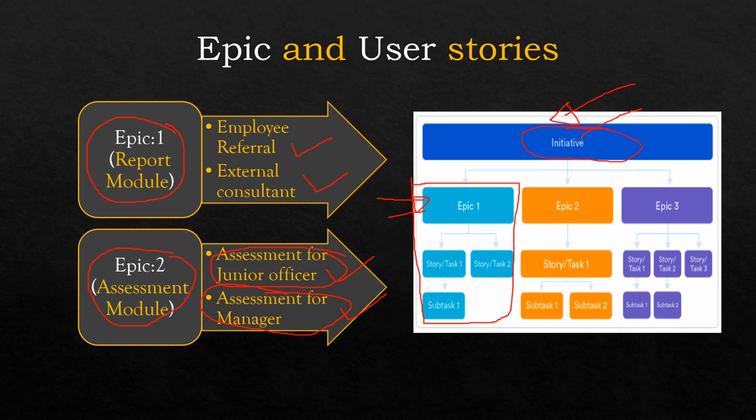These 5 phases we basically cover in a typical software development life cycle, and that can be accommodated in each epic. That is what we call the incremental or adaptive life cycle, and this whole model is basically based on agile. Similarly, in epic 3 you can see subtask 1, subtask 2, subtask 3, or story 1, 2, 3. Similarly it can be broken down into subtasks 1, 2 and 3, and so on.